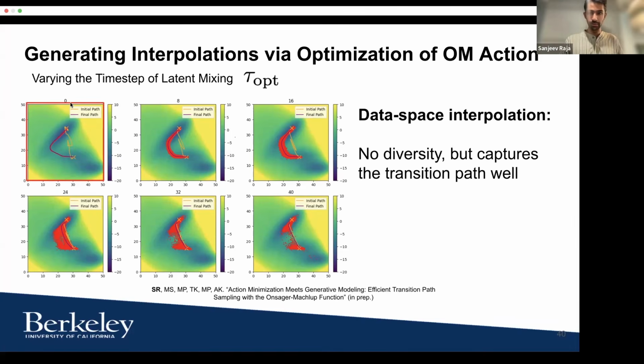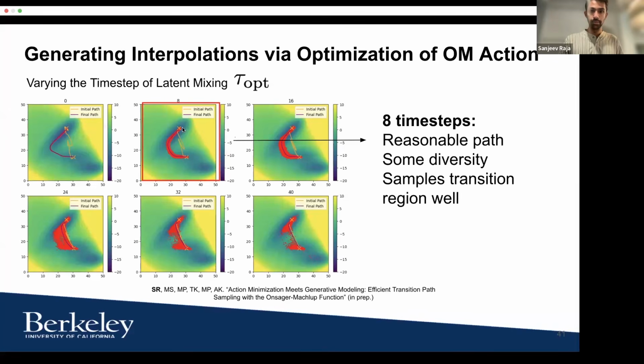So in the case of t equals 0, you're basically just doing interpolation in the data space. And so there's no diversity around your path, but you capture the transition path well. As you increase the time at which you do the latent mixing, you still get the correct path, but you also get some diversity around the path that just has to do with the natural diversity of the generative process of a diffusion model.